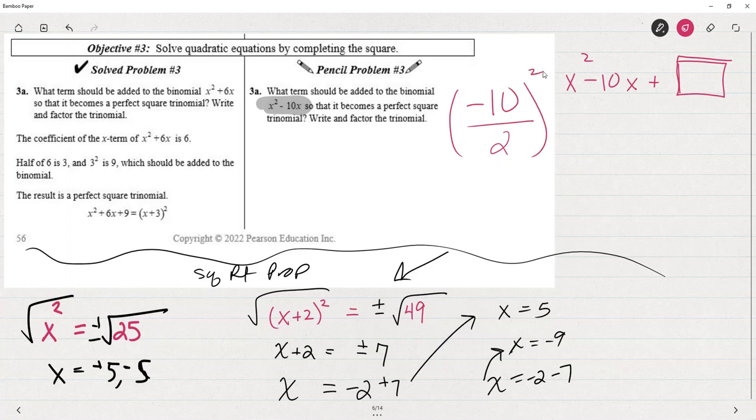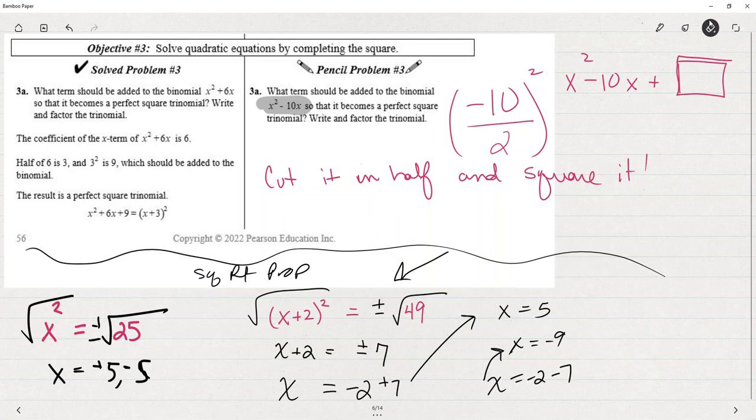You might say that out loud to yourself. Write it down. Cut it in half and square it. How do you find that constant that you add in? Cut it in half and square it. Say that out loud to yourself a few times. Say it out loud to yourself as we do it, and it might make more and more sense.